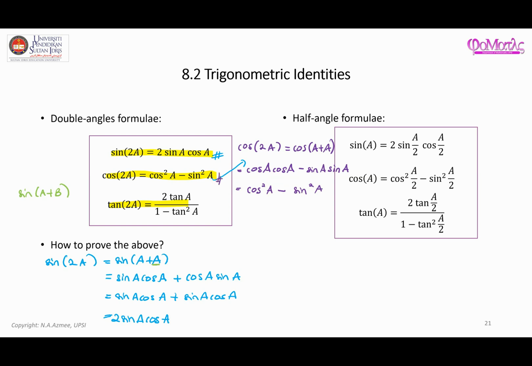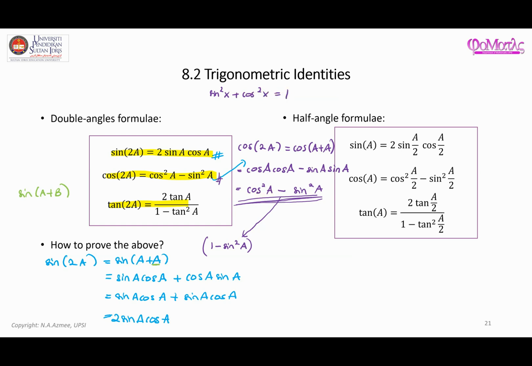And if you want to go further on, you can. For example, if you replace cos square A with 1 minus sine square A, then you will get an expression in terms of sine square A. Cos square A is 1 minus sine square A, and this is from the trigonometric identity, which is sine square x plus cos square x equals to 1.